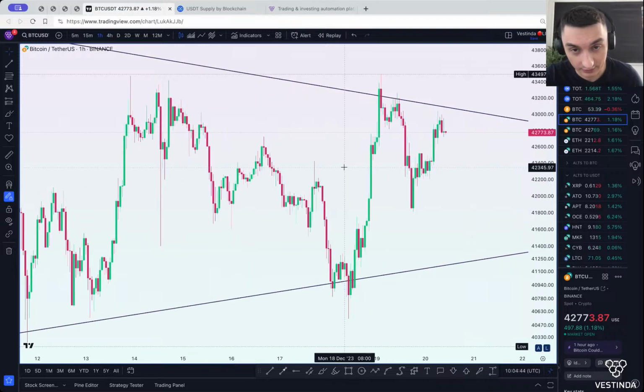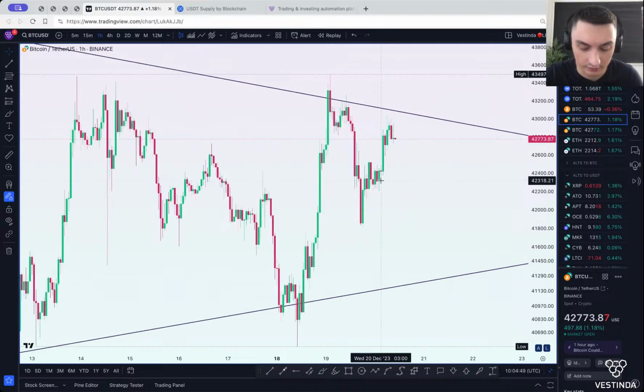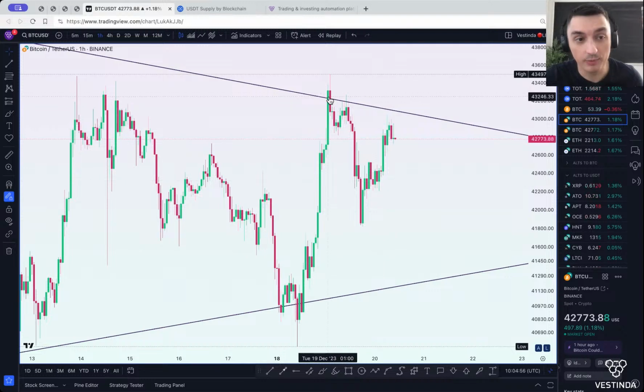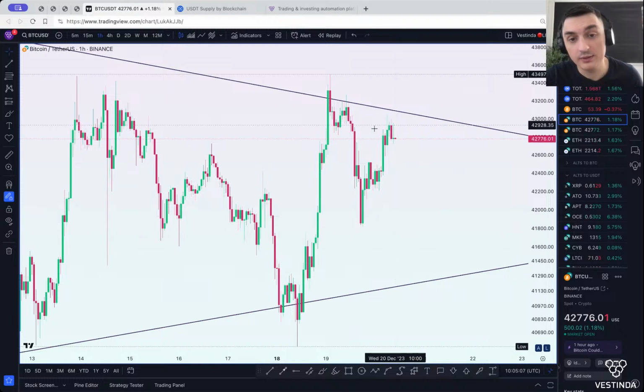You can see we got the pullback from the resistance line. We landed somewhere around the middle of the previous swing, and we bounced off, and we are currently at the location of the resistance.